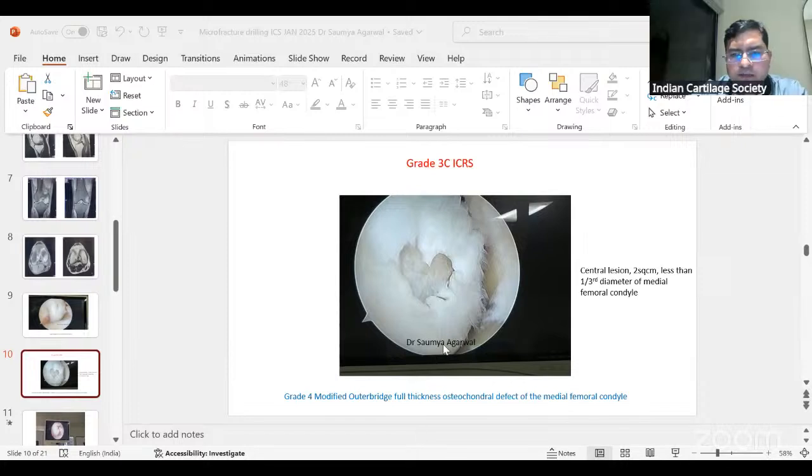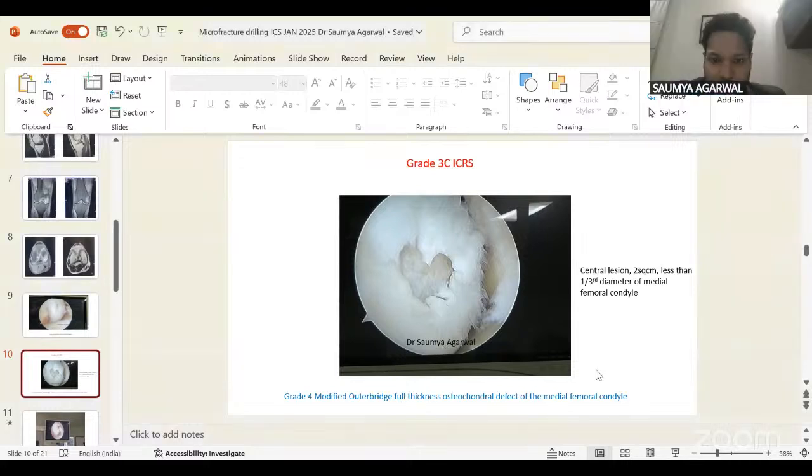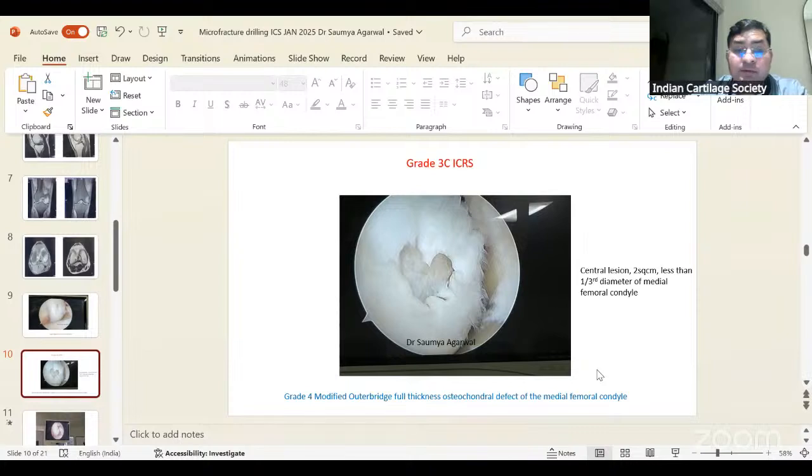Okay, so Dr. Soma, any cartilage lesion we see, we need to differentiate the pathology and etiology. So whether this is a traumatic event, or whether this is due to some malalignment issues, or whether it is due to degeneration.